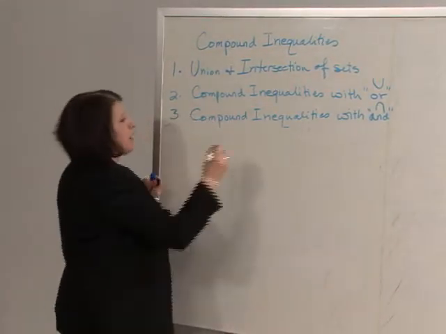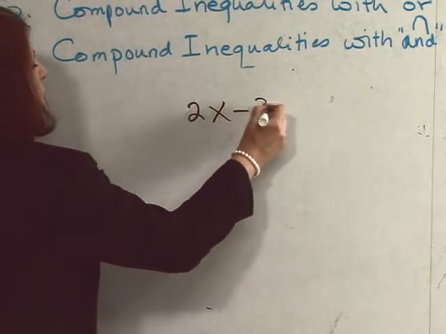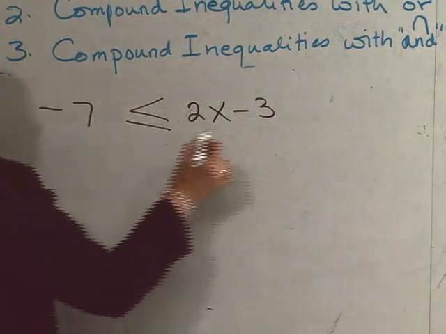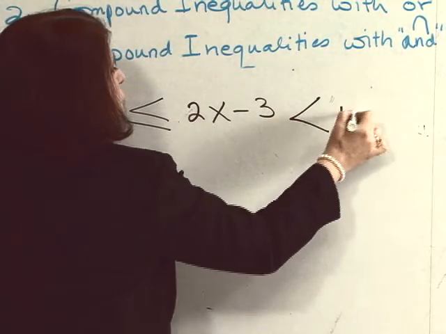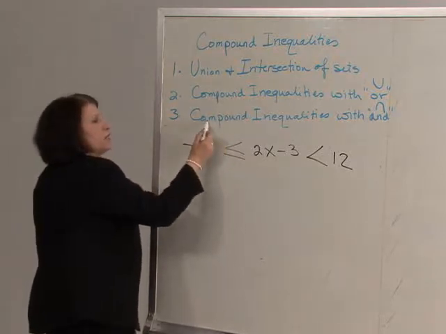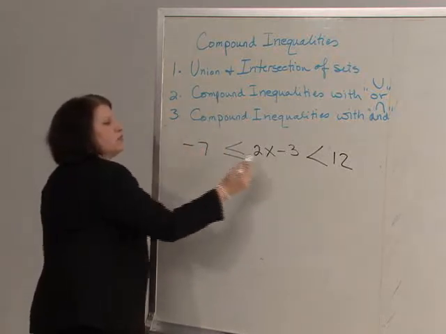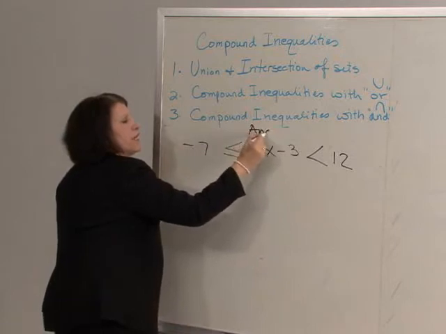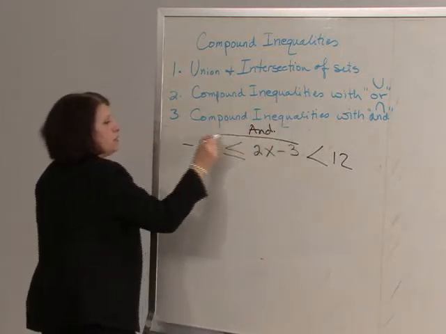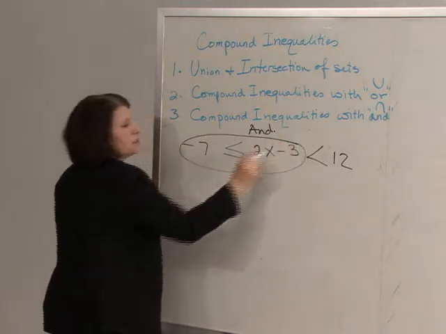So let's say you have 2x minus 3, and that is greater than or equal to negative 7, less than 12. This is another way of writing compound inequalities with "and." So if you see something like this, you know we're using "and." One way to do it is to say, well, this is one simple inequality.